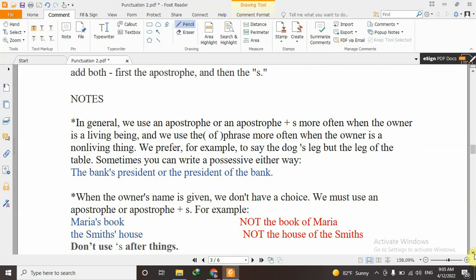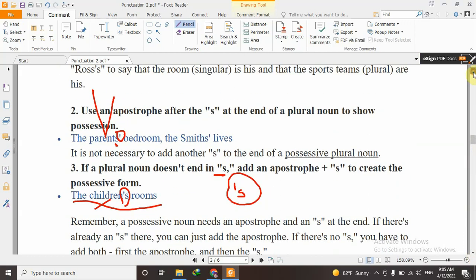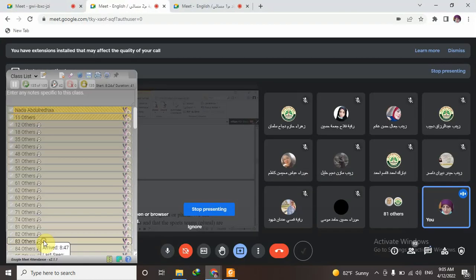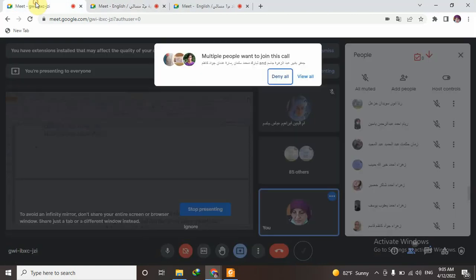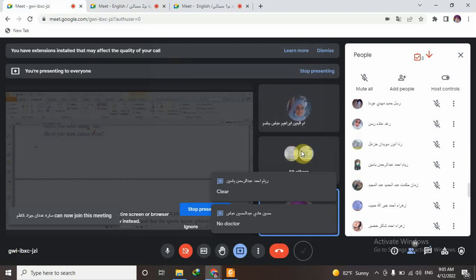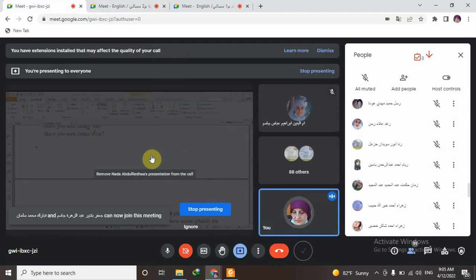Now, up to this point, is there a question? Do you have any question related to what I have mentioned up till now? Everything is okay? Okay. I just want you to pay attention to the two cases: if the noun has the plural s, and if the noun doesn't have the plural s, which we call an irregular plural.